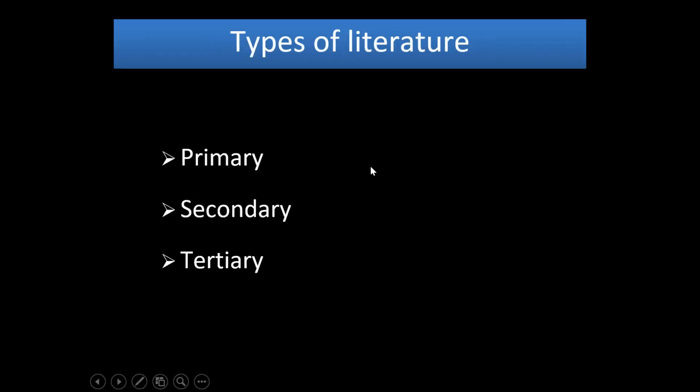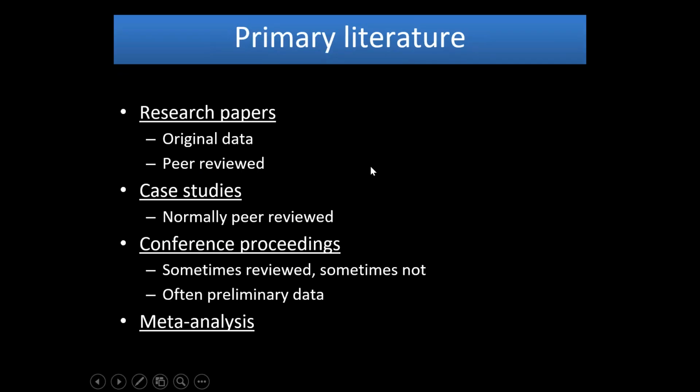So it's primary, secondary, or tertiary. Three kinds of literature are there. Primary literature is original work, so it could be an original study. If it is in a good scientific journal with a high impact factor, I can count on my fingers 10 obstetrics and gynecology journals which I'm very sure the articles published in them would be peer reviewed.